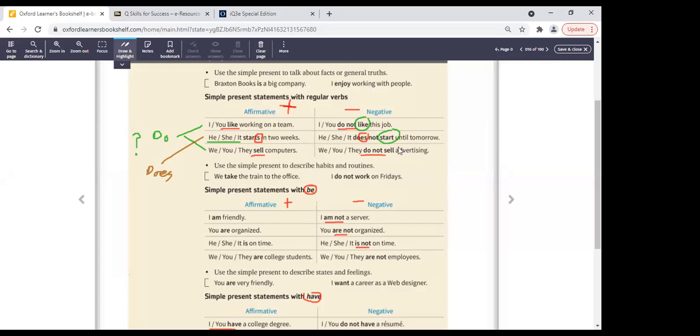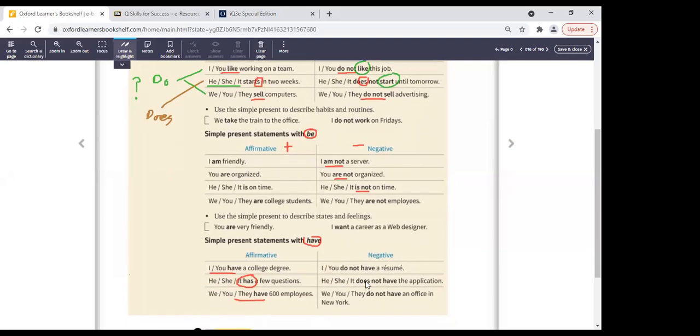Negative present simple with have. We use have in the singular, not has, for the negative. Normally we say has, he has. But for negative, we use have and add does. Because with he, she, and it we always have our s: he, she, and it starts, or he, she, and it has.